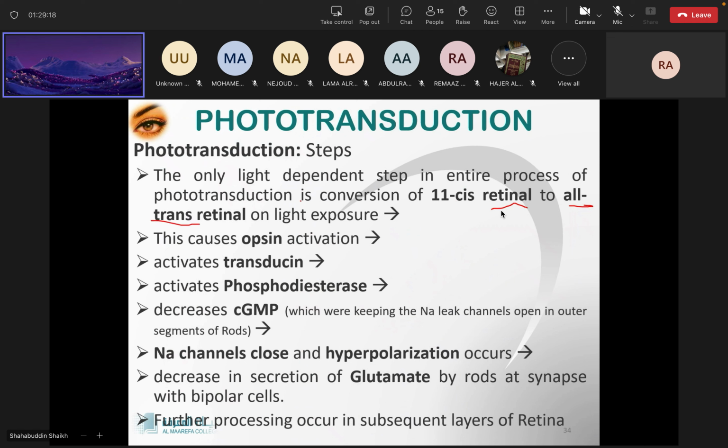That is all light does. When this change occurs, it starts a chain reaction. All-trans retinal causes activation of opsin, which activates transducin, which activates something else, then something else. Somehow it results in closure of a sodium channel.